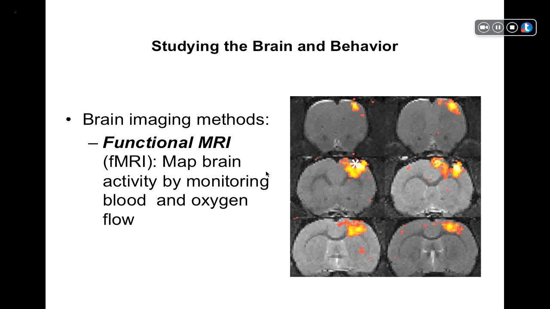And then the last one is the functional MRI. This is similar to the PET scan in that when you're in the machine, the machine has the ability to capture the different parts of the brain that are metabolizing glucose, but the fMRI does so by monitoring oxygen levels in the blood.